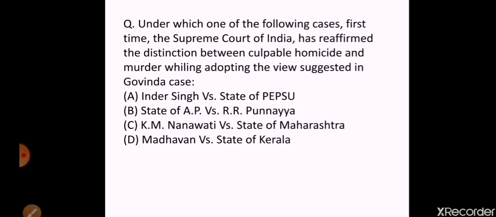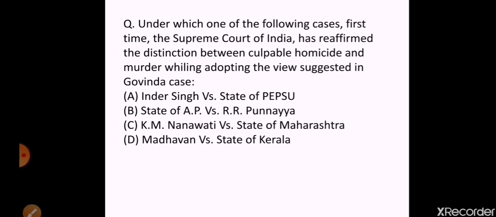Under which one of the following cases did the Supreme Court of India for the first time reaffirm the distinction between culpable homicide and murder, adopting the view suggested in Govinda case? The options are: A: Inder Singh versus State of Pepsu. B: State of AP versus R.R. Punnaya. C: KM Nanavati versus State of Maharashtra. D: Madhavan versus State of Kerala.